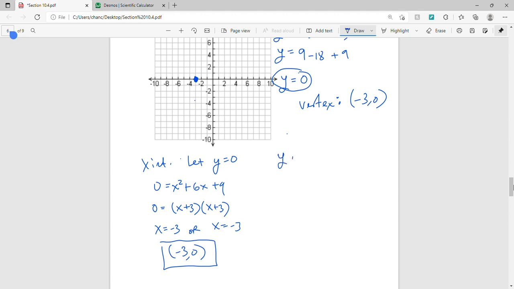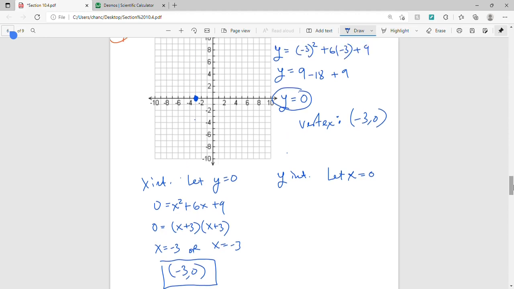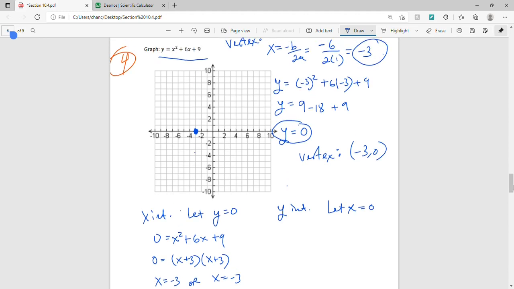Now we'll find the y-intercept. To do this, you'll let x be equal to 0. Let's let x be equal to 0. And we'll plug in 0 into the original equation. So y equals 0 squared plus 6 times 0 plus 9.